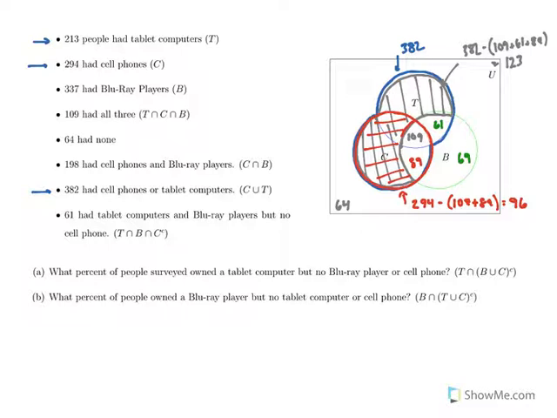And similarly, we can do the T circle. The total is 213, but if we're looking for just that crescent moon shape, this will be 213 minus 109 and 61, which gives us 43.